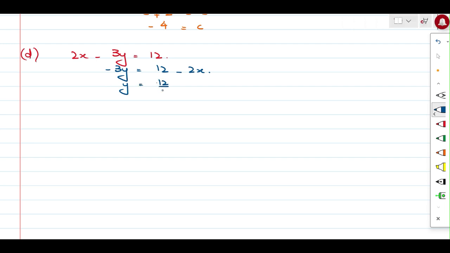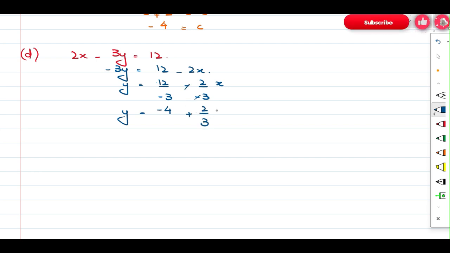So 12 divided by minus 3 is negative 4, and minus 2x divided by minus 3, the negatives cancel out, gives 2 by 3 x. Now we write this in y equals mx plus c form: y equals 2 by 3 x minus 4.